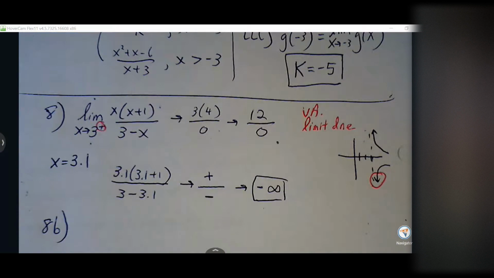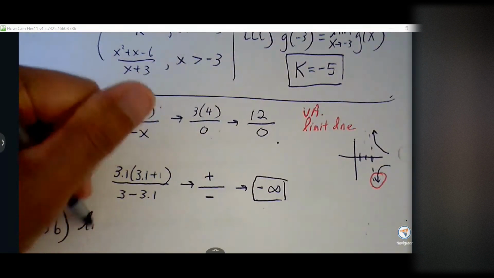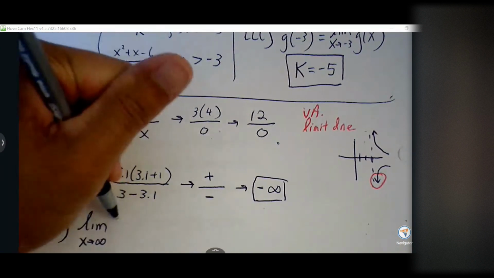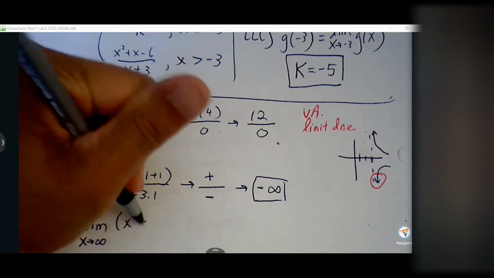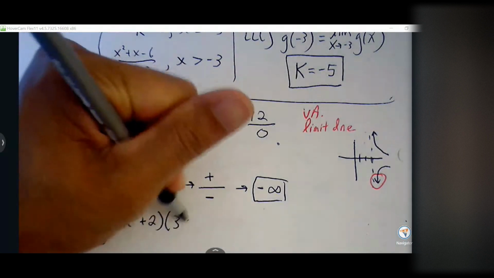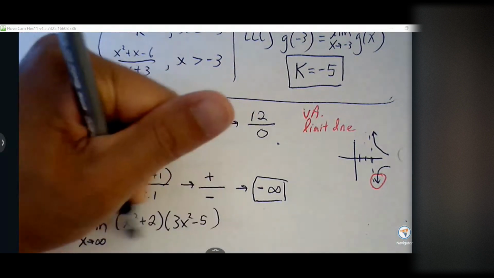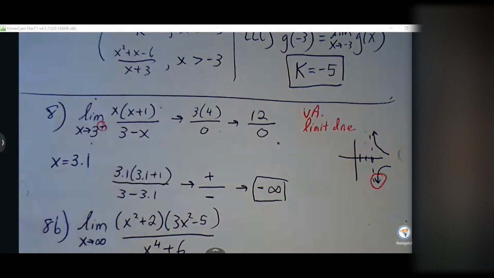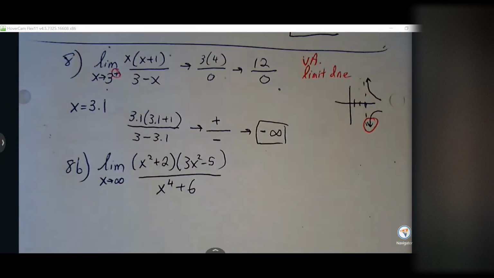Okay, so here is the second part of 8. Separate problem. Now, how is this different than part A?